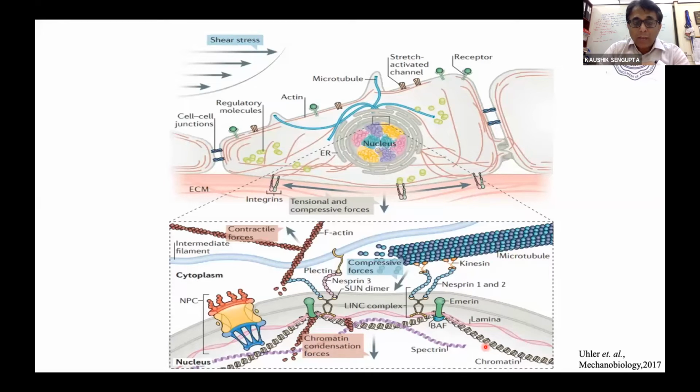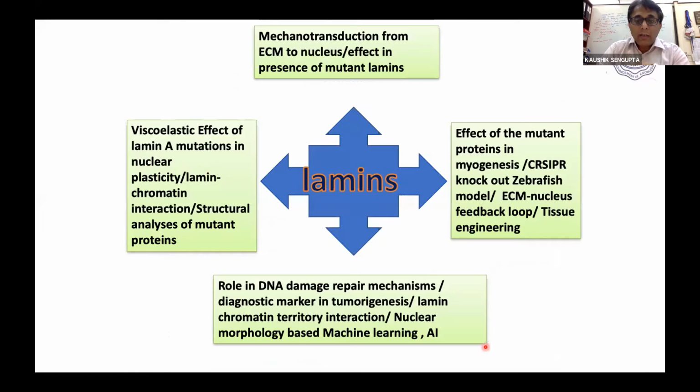And also it can be the muscle cells. We are interested mainly in these two types of research, and this is what my lab has been doing for the past decade.